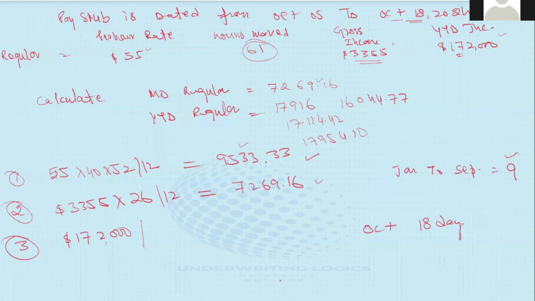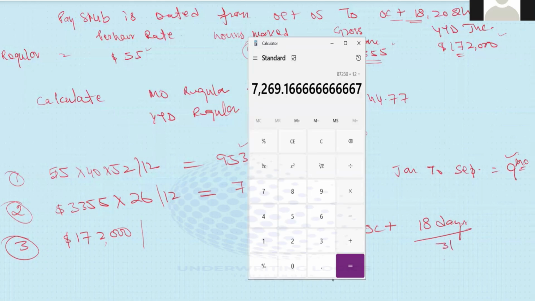We need to convert these 18 days into a month. We will divide by 30. 30 is generic, but if you want to go for the specific number of days for that month, that is also fine. October has 31 days, but dividing by 30 is also acceptable.